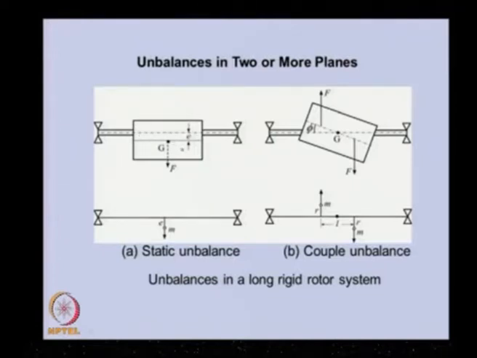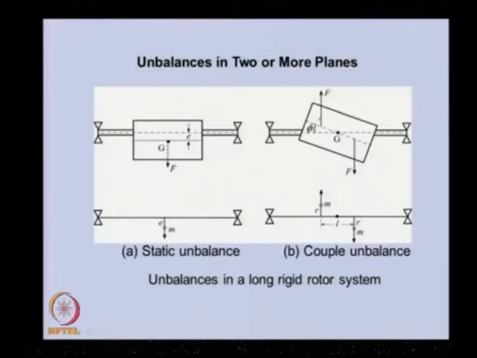The effect of the centrifugal force will basically act at the middle, and we can balance this rotor using a single plane. That means we can balance it with static unbalance itself, because once we are balancing in a single plane, the static balancing method is applicable.